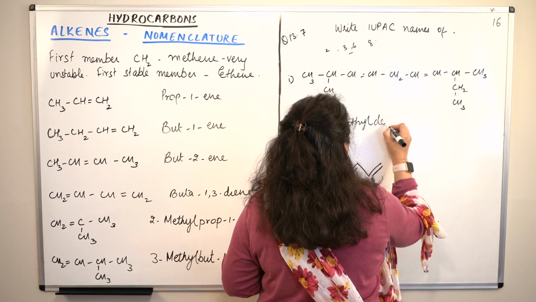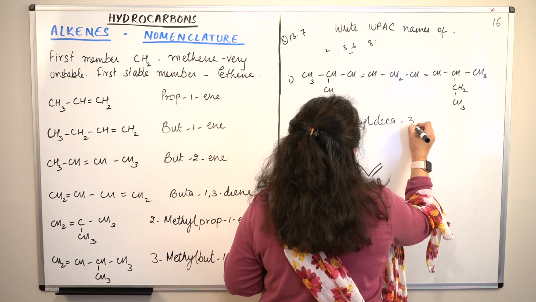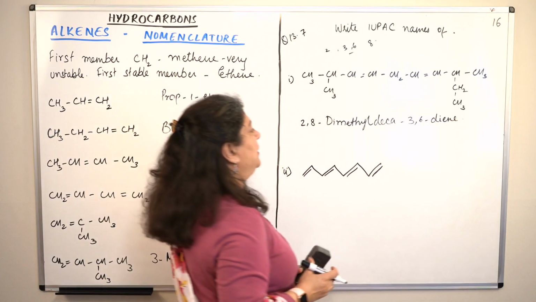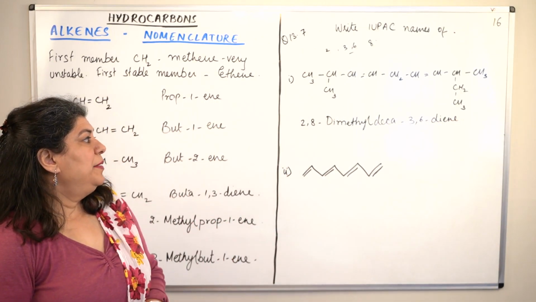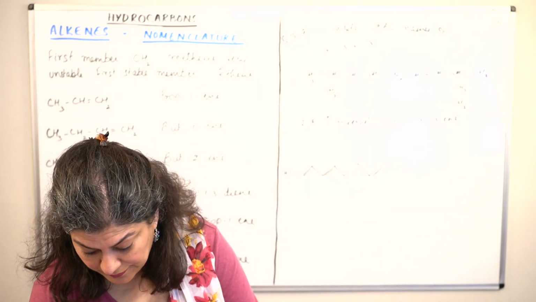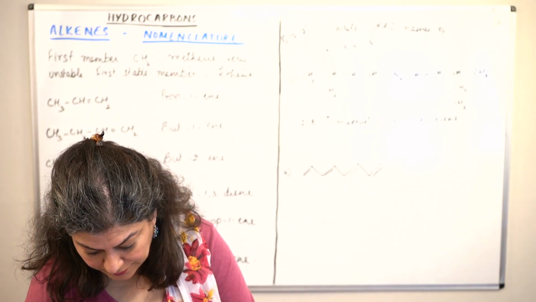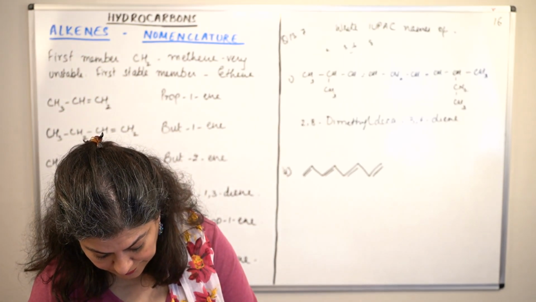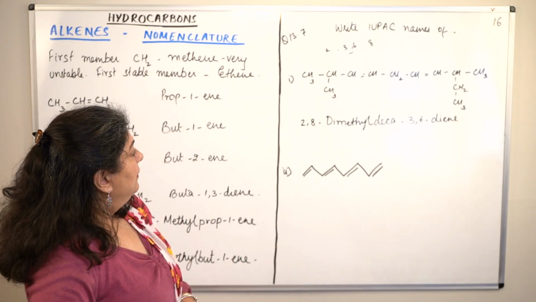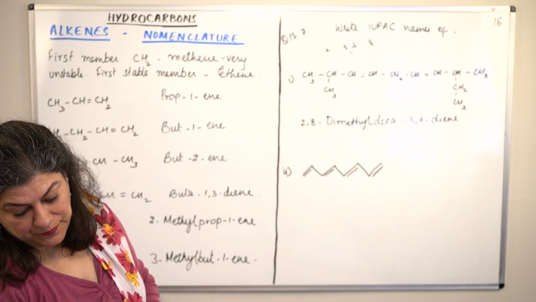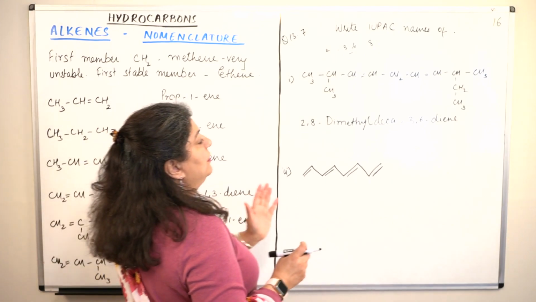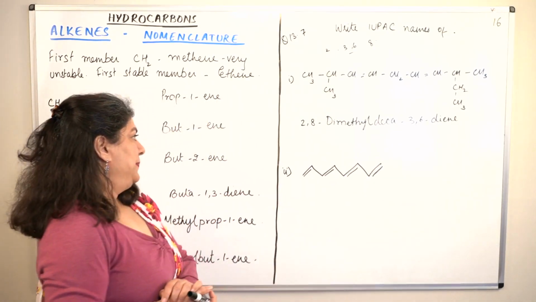Methyl deca 3, 6 diene. That will be the name. 2, 8 dimethyl deca 3, 6 diene. 2, 8 dimethyl 3, 6 decadiene or deca 3, 6 diene.